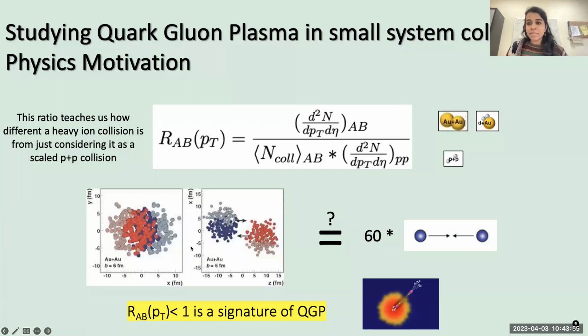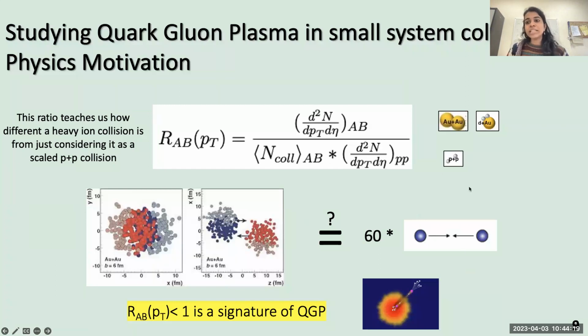For instance, this is a schematic of a gold-gold collision. Let's say in this particular impact parameter of collision, there were 60 individual proton-proton or proton-neutron or neutron-neutron collisions. A particle yield in such a process, let's say the yield of pi 0, is similar to that of the yield of pi 0 in 60 PP collisions.